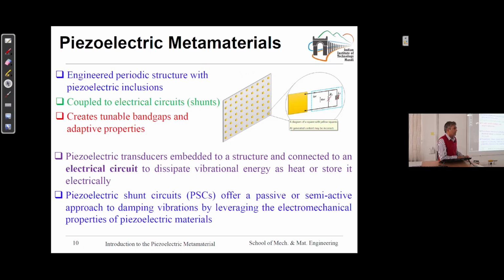So in this way we can control the vibrations. I think those who are working with or are aware of piezoelectric materials may be aware of the smart structure where we have sensor, actuator, and controller. Basically, it senses the vibrations and then applies force by the actuator on the structure.